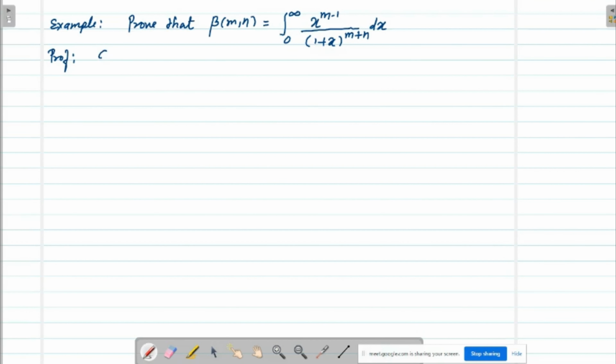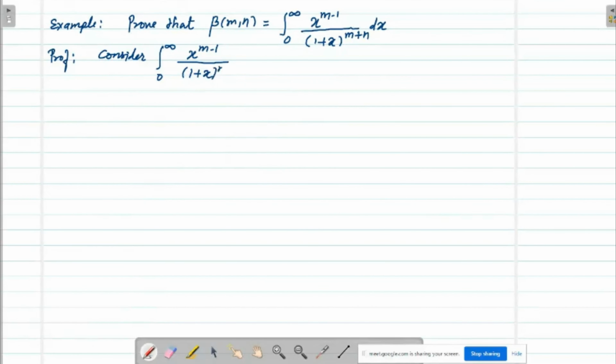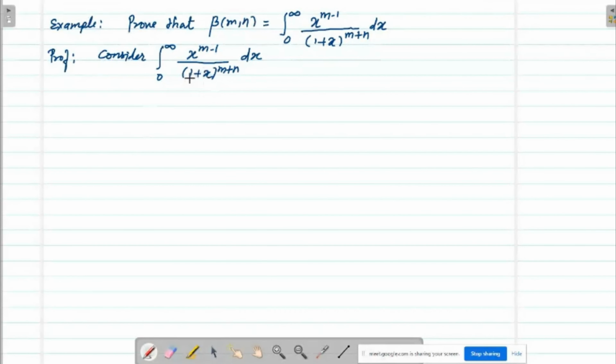Consider the integral, we are considering the right hand side first: the integral of limit 0 to infinity of x raised to m minus 1 divided by (1 plus x) raised to m plus n dx. Please observe that here we have 1 plus x.